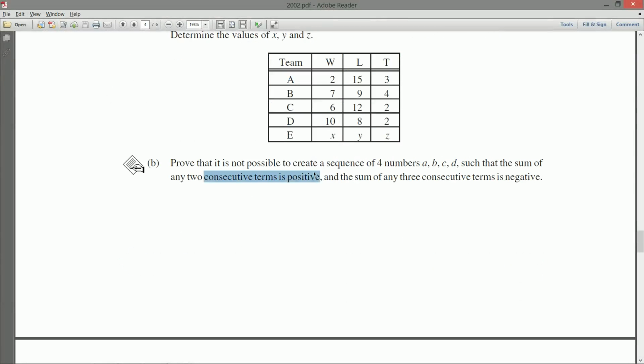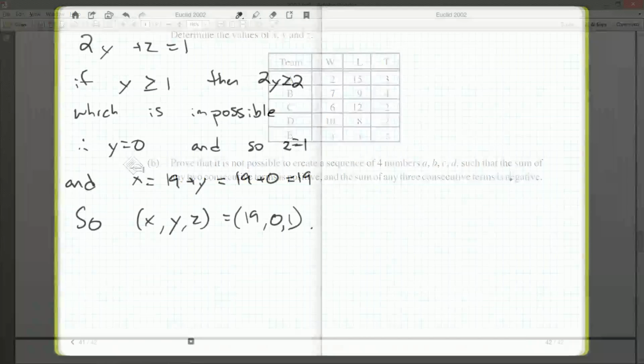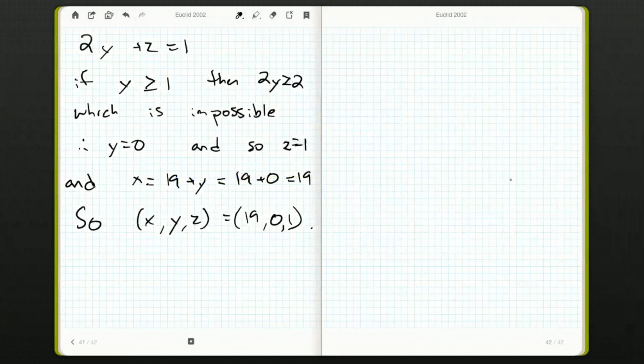Prove that it is not possible to create a sequence of 4 numbers a, b, c, d such that the sum of any 2 consecutive terms is positive and the sum of any 3 consecutive terms is negative. Okay. Any 2 consecutive terms is positive, any 3 consecutive terms is negative. So what does that mean we've got here?